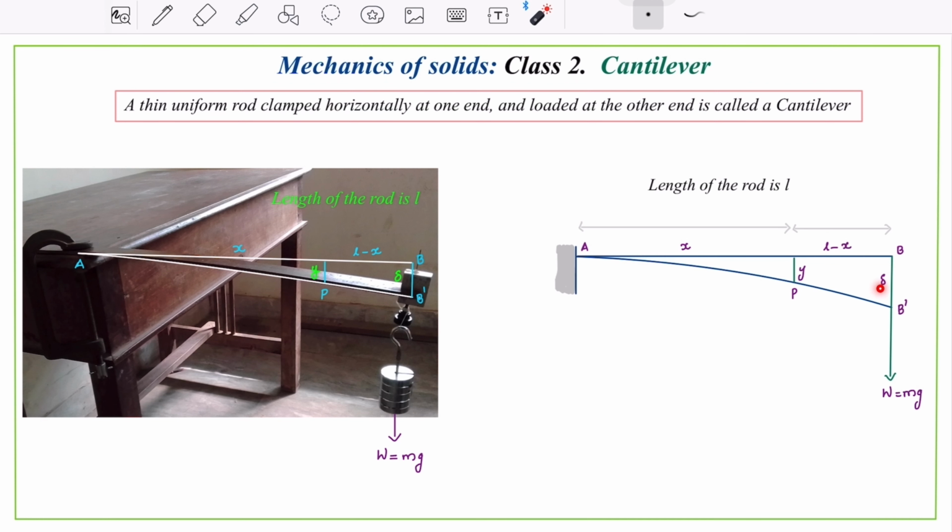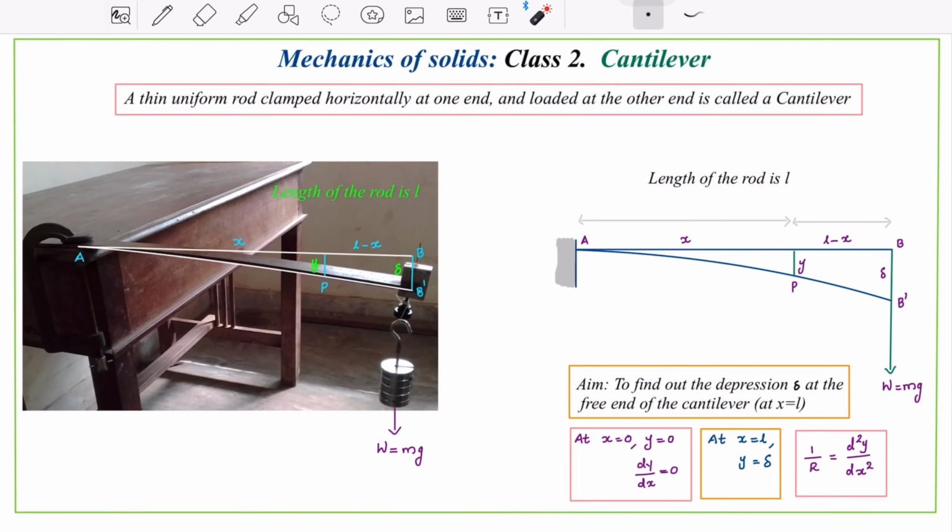Now how much does the end B deflect to a position B dash? That is given by the depression at the free end of the cantilever. In the present case, we have to find the depression delta at the free end of the cantilever. So what is our aim here? We have to find the expression for delta.